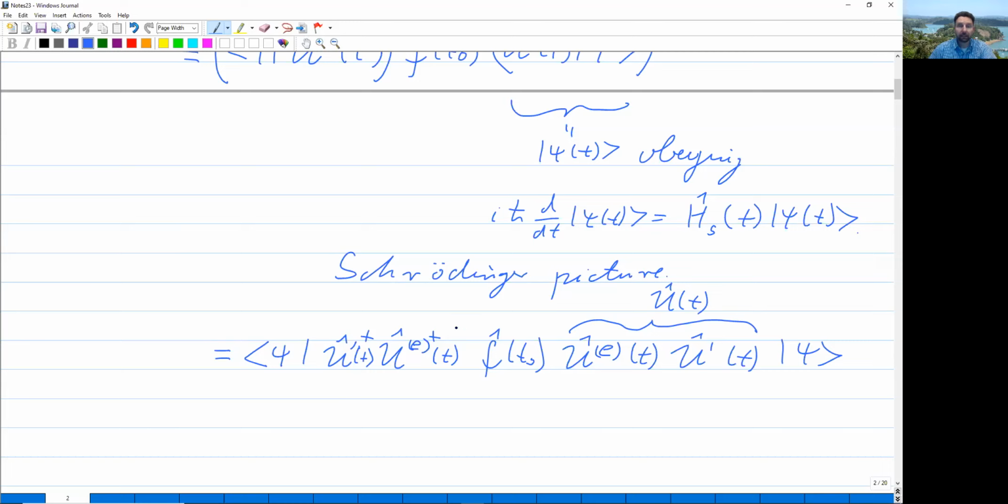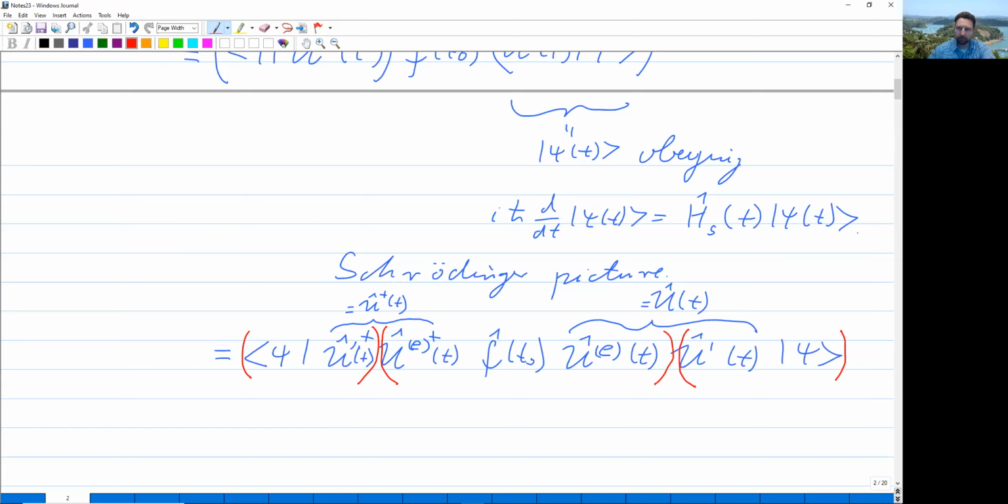Then, once we had decomposed things in this way, and this, of course, is U hat dagger of t, right? Once we had things written in this way, we then bracketed in the following way. We bracketed like this and like that.